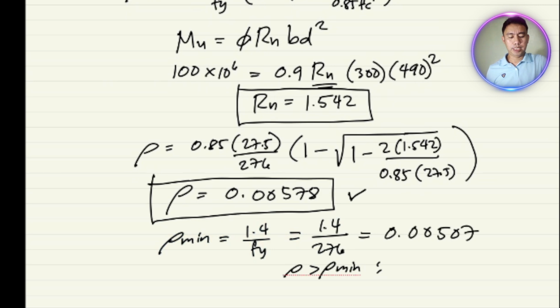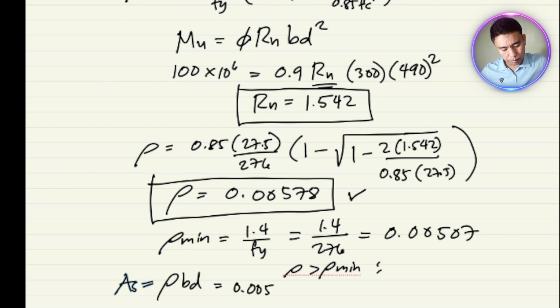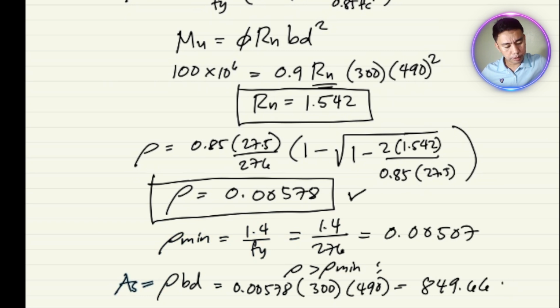That means we will use this rho. Okay? Kasi hindi tayo pwedeng bababa dun sa rho minimum. That means we can solve AS now equal to rho BD, 0.00578 multiplied by B of 300 times 490. So the answer is 849.66 mm squared.